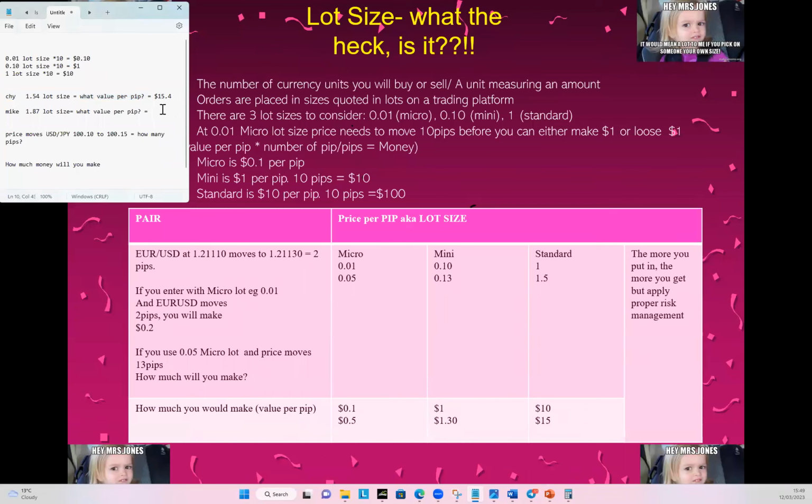And what was your answer, Mike? 8.7, I believe. And how did you get that answer? Remove the decimal point or times it by ten, then it gives me 8.7. So 1.8 lot size times 10 is what?